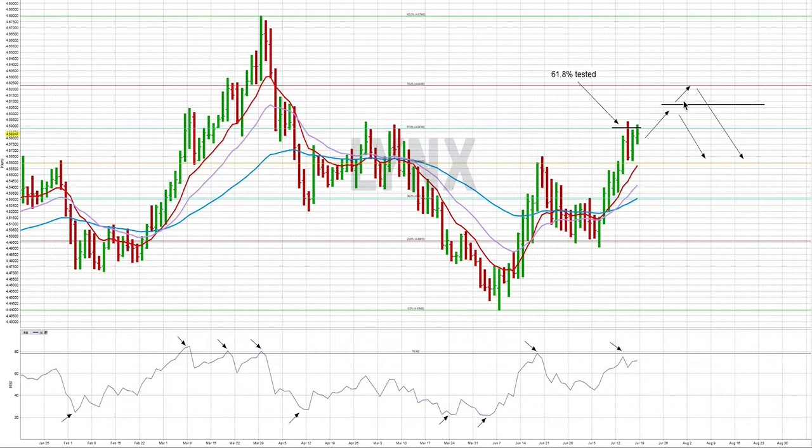You see this black line here as a possible entry zone for a short position. It's nothing like telling you you'll be short at this level. It's just approximately the middle of this 61.8, 76.4 level, so something where you could start with a short position.